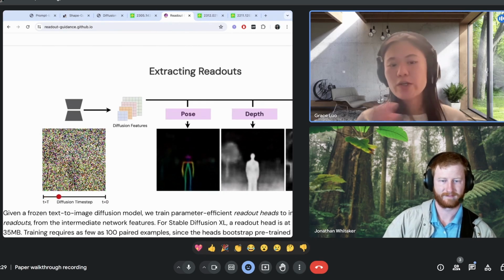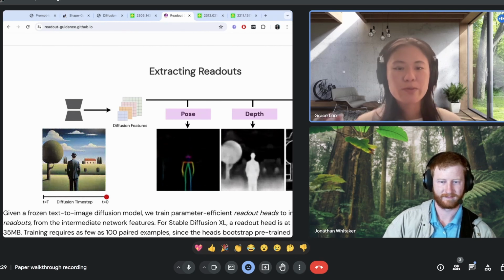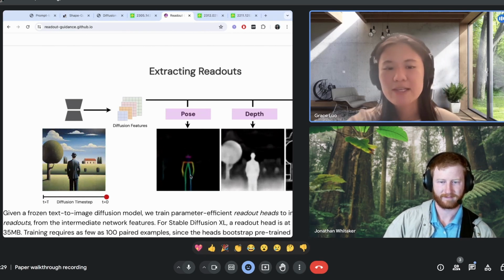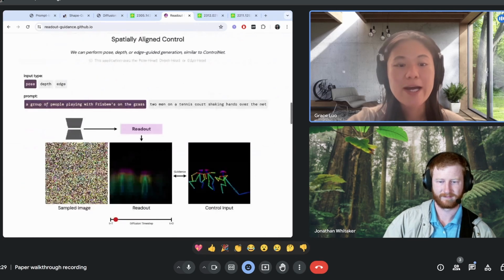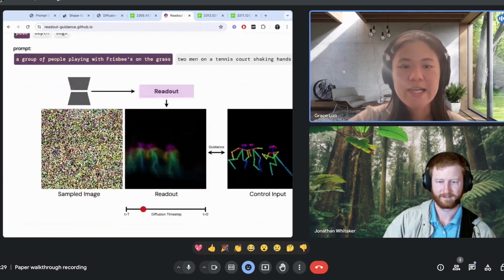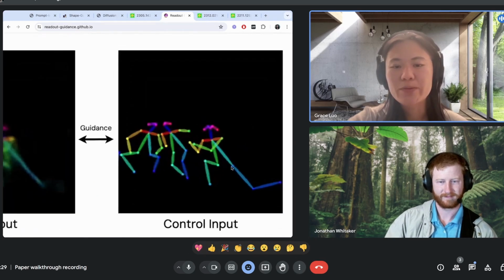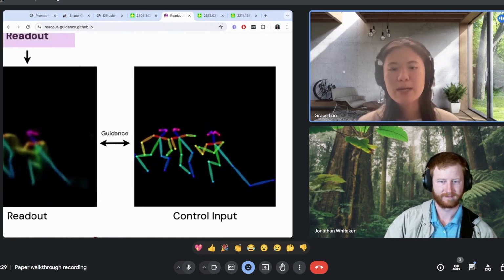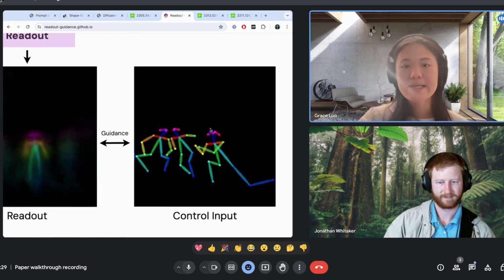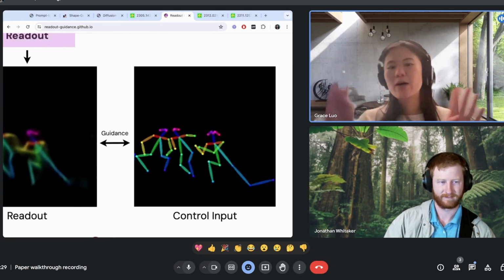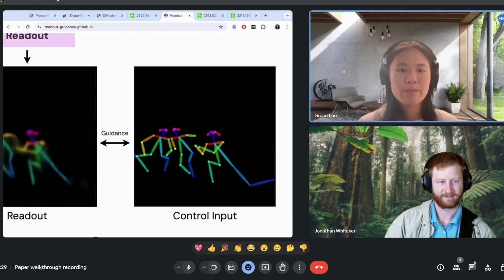And so once you're able to get what we call a pose readout, or for a given image understand what the pose of it is, then you can do the guidance part, which is essentially saying, okay, let's say I have this new pose that, as a user, I really want my image to respect. So this is an example where we have an image, we ran OpenPose on it, and we got the actual raw OpenPose prediction.